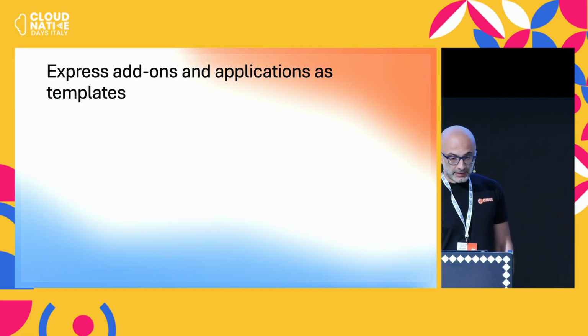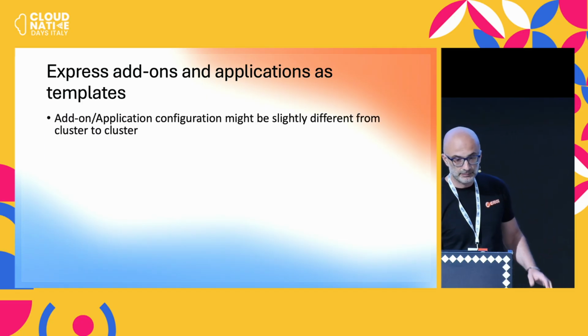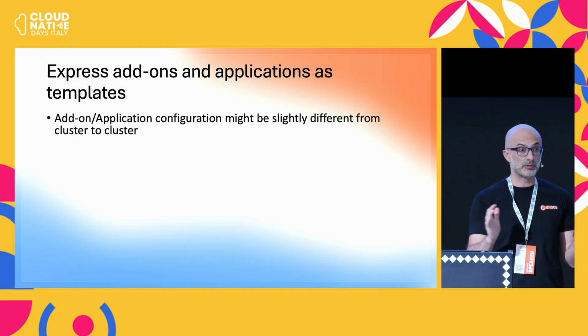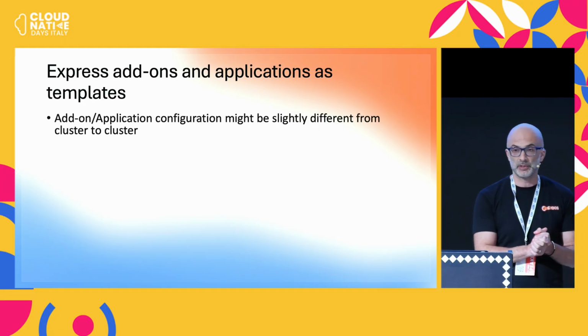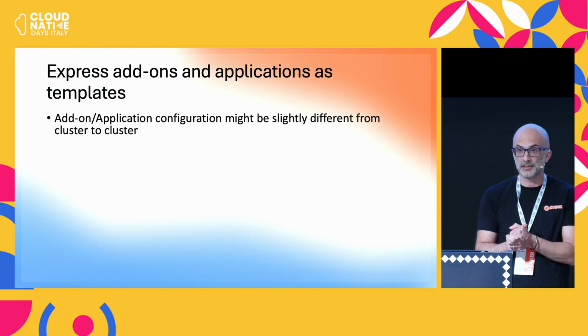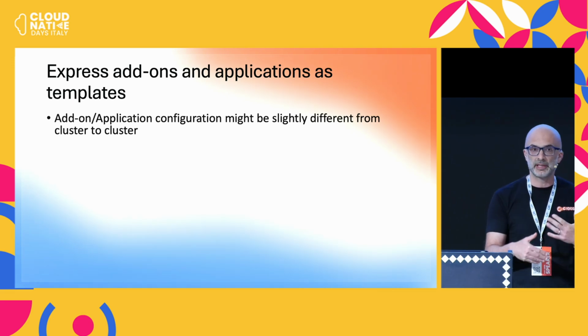So sometimes, if you're managing N clusters, one thing that you want to do is reduce the amount of configuration. For instance, I'm deploying an application on a testing cluster and I'm deploying the same application in a production cluster. Clearly, on the testing cluster I want, for instance, the replica to be set to 1 because I only care about testing the functionality of my application.